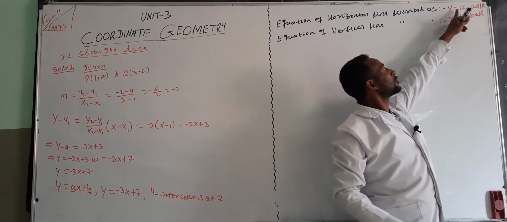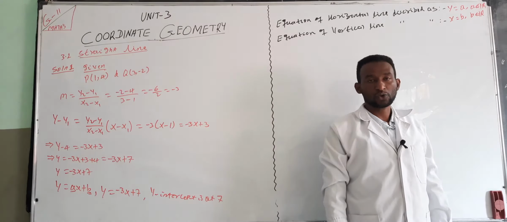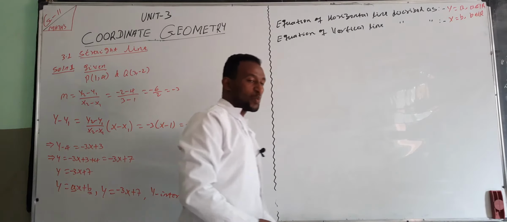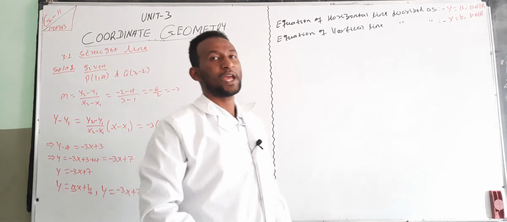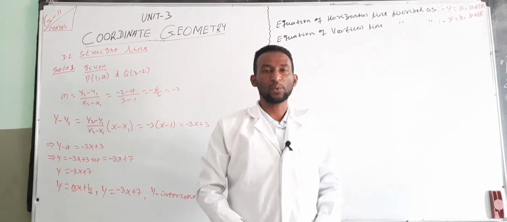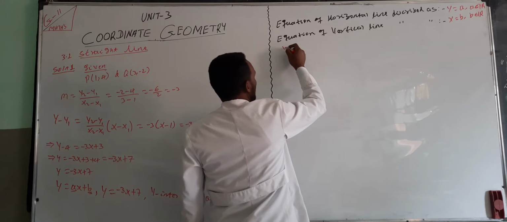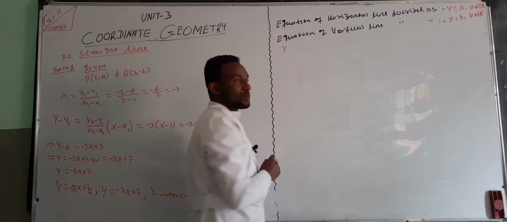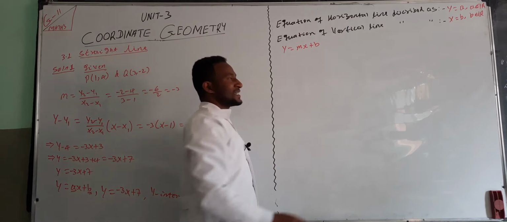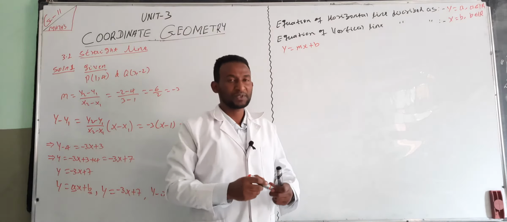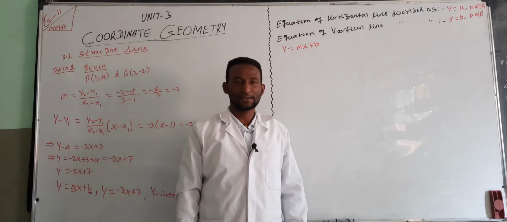The slope of a horizontal line is 0 and a vertical line has no slope. An equation which has a slope is expressed as y is equal to mx plus b, where m is the slope of the given line. A line expressed as y is equal to mx plus b is a line with slope m and y-intercept b.